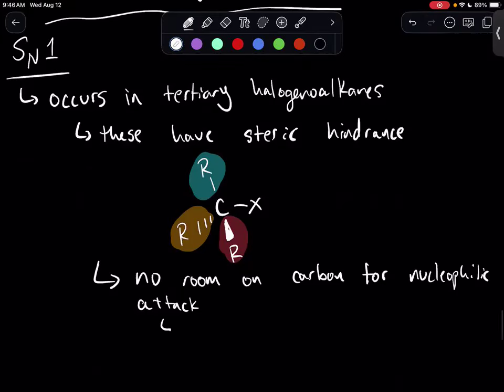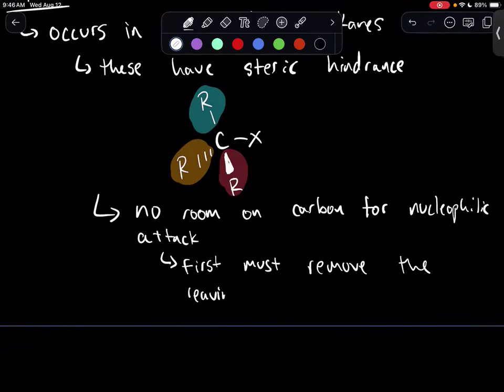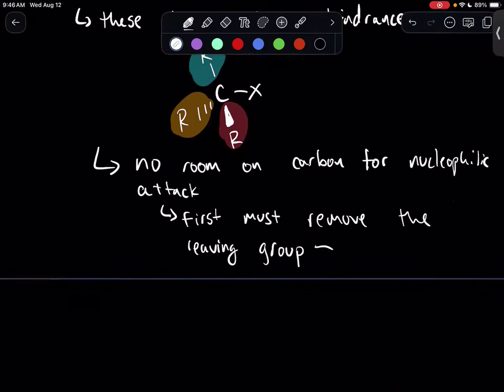So we first must remove the leaving group. So that's how we make space on the carbon. We just get rid of the leaving group. This will end up forming a carbocation.